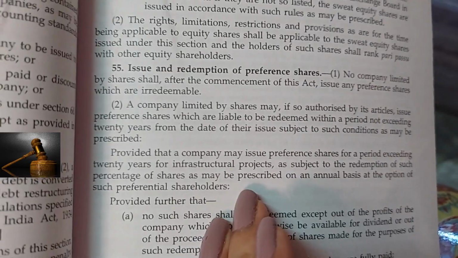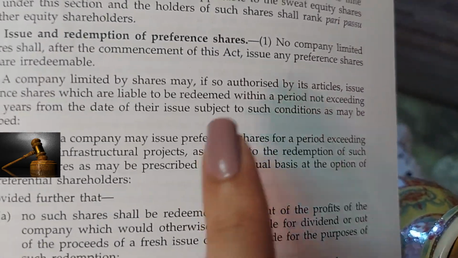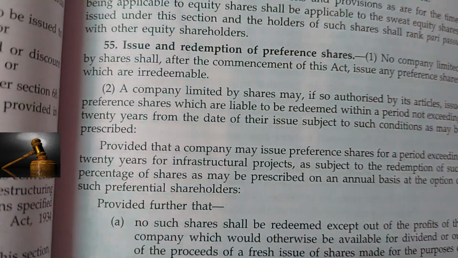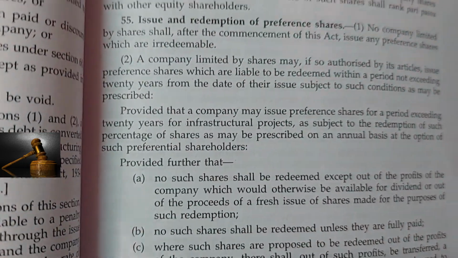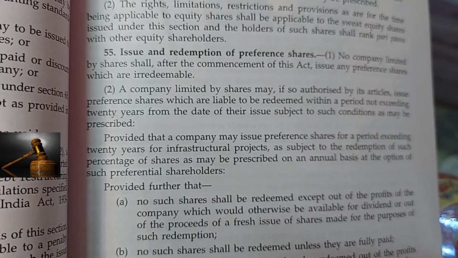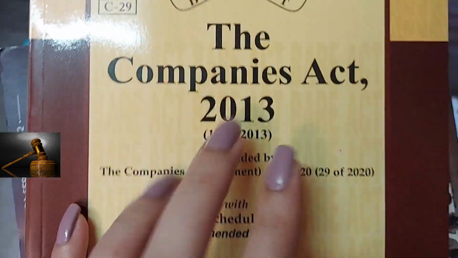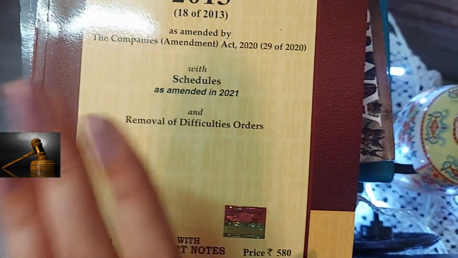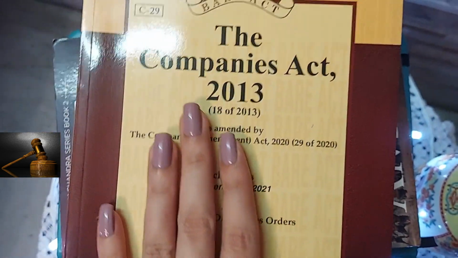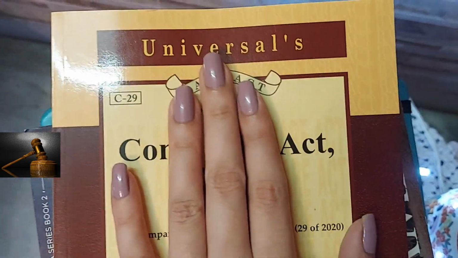So wherever it's written in the act as may be prescribed, you'll have to see where it is prescribed. In the Companies Act, they are prescribed in the rules. So there you have to go and check. That is why it's not just about the sections, it's about the amendments also, it's about the rules also, it's about the schedules also. So that is why you have to see the links of everything.